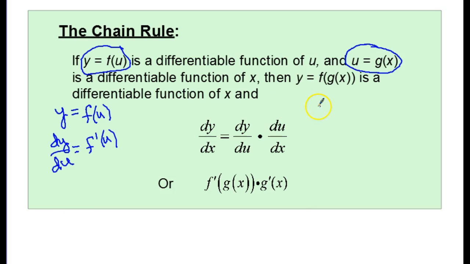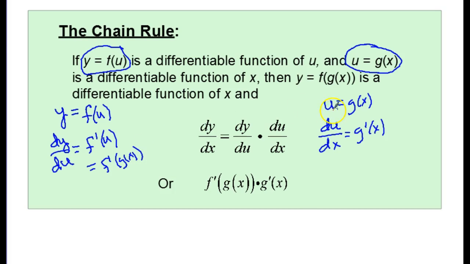And let's do u. Here we have u equals g of x. Taking the derivative, we have the derivative of u with respect to x, and that's going to be g prime of x. Now, what is f prime of u? Well, f prime of u is really just f prime of g of x. How do I know that? Because u is equal to g of x.